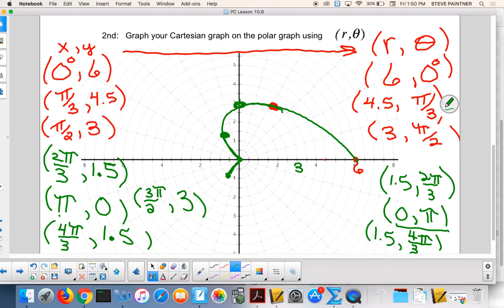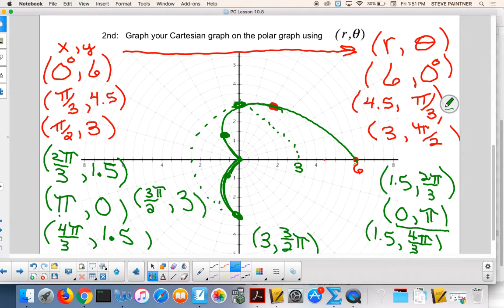I think it was. So if I reverse those, I get 3 comma 3/2 pi, which would be 3 rotated 3/2 pi. I'm right here. Okay, now I'm pretty sure I'm right, guys. I can probably mirror it across. There's only one point to mirror. It's this one. Mirror that one across and you've got it.